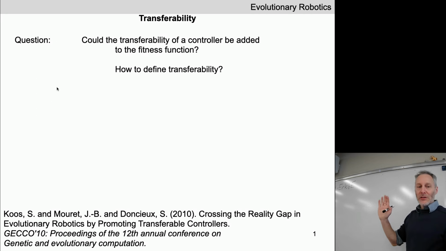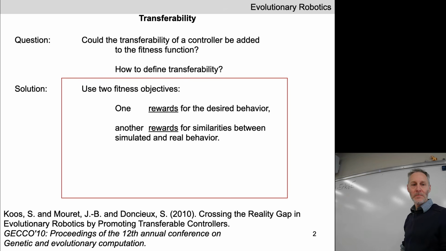So the first question that these researchers asked themselves back in 2010, so this was 4 years after we published the Resilient Machines project, is could the transferability of the controller be added to the fitness function? The problem that immediately comes up is how do you define transferability other than just send something to reality.